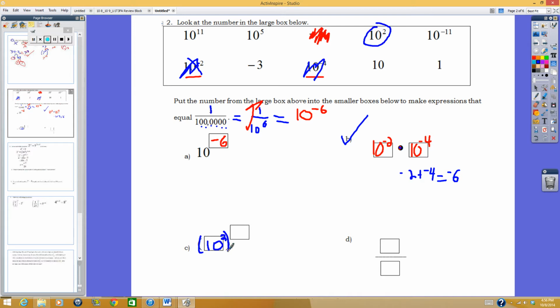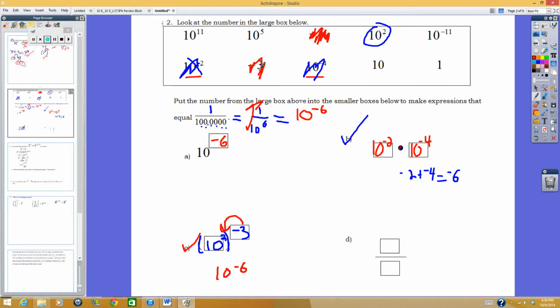What number would I multiply this 2 by to get negative 6? Aha! Bam! Negative 3. Right? Because if you distribute this negative 3 in, negative 3 times 2 would equal negative 6, right? So this does work out also.